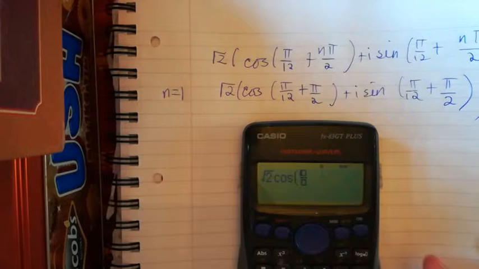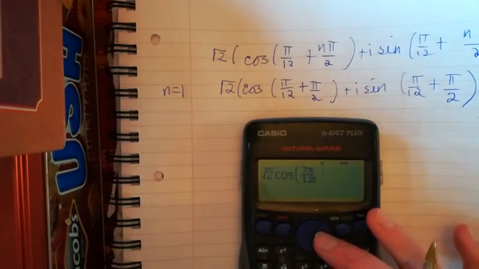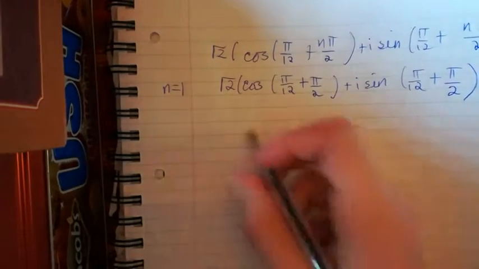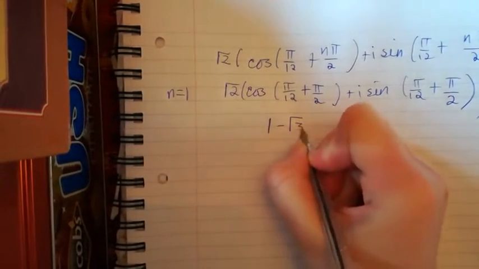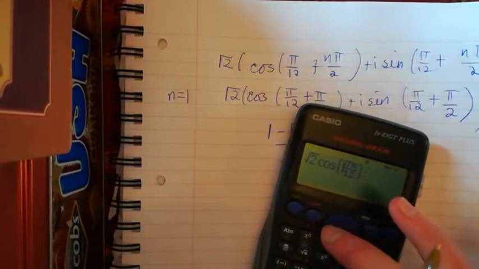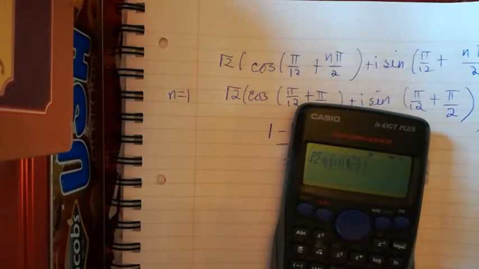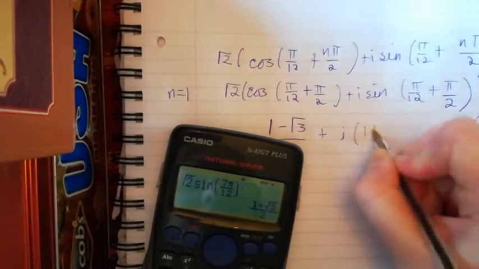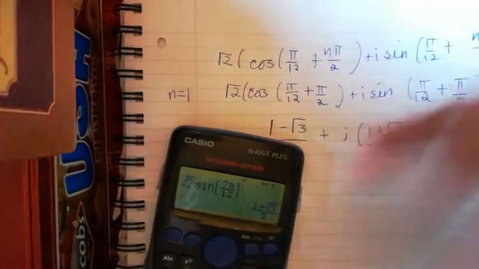So multiplying it by root 2, my real part is going to be 1 minus root 3 over 2. And then my imaginary part is going to be plus I, and it's going to be 1 plus root 3 over 2, and that's all multiplied by I.